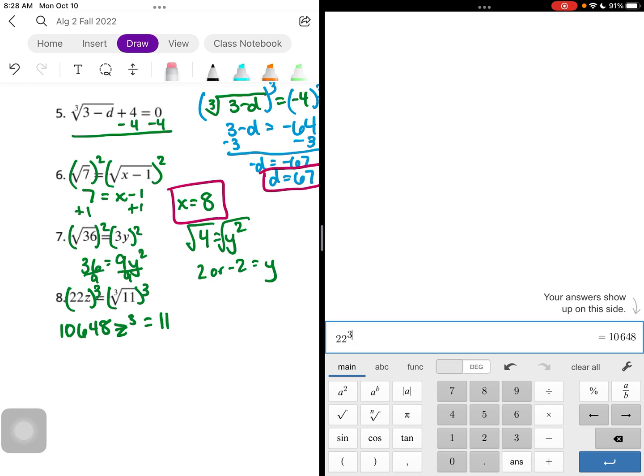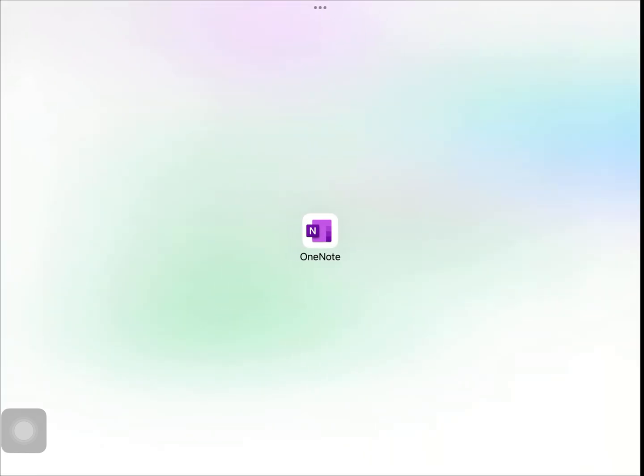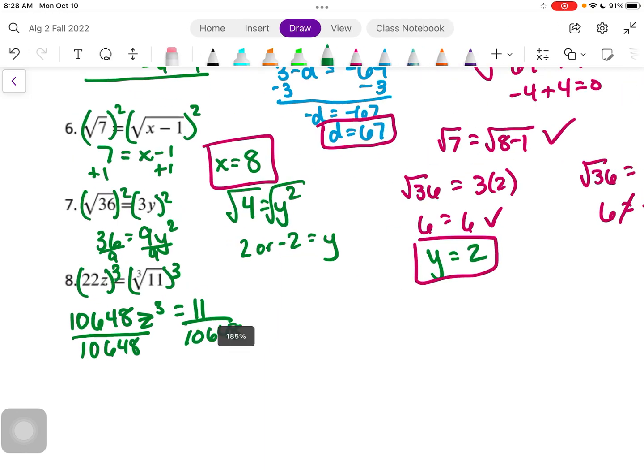All right, and then we're going to divide by that. So I get 10,648 there, and we don't really need the calculator anymore.